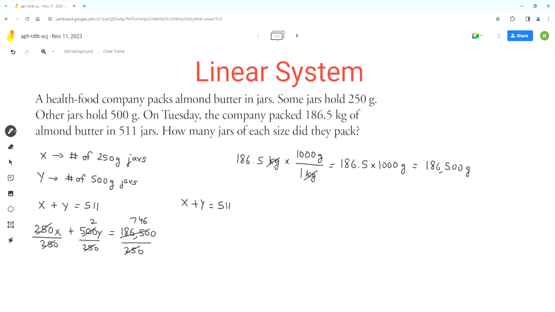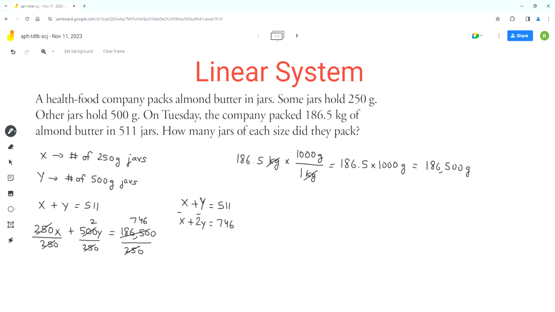And now the second equation becomes x plus 2y equals 746. Now we can solve these two equations. In these two equations, the x terms have a coefficient 1. So if we subtract these equations, the x terms will cancel each other out.